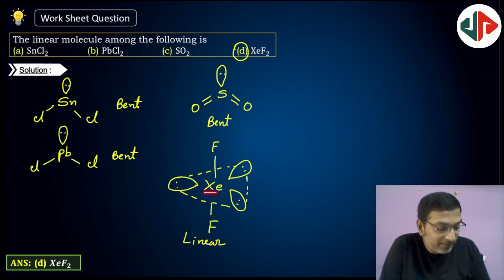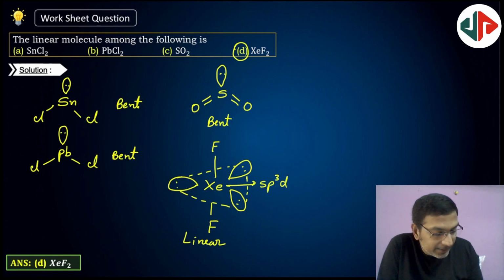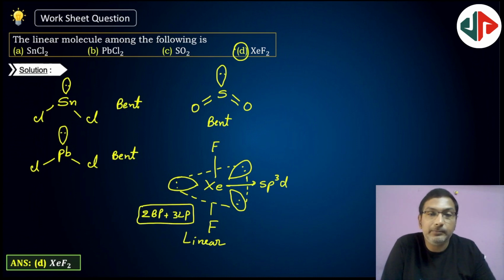Next, XeF2, so 3 lone pairs and 2 bond pairs, linear geometry. So here remember the hybridization of Xe, sp3d. So here 2 bond pairs, 3 lone pairs. Very, very important. Linear geometry. Therefore, option D.